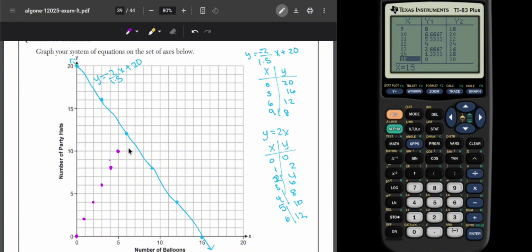I go to 6, 12. If I look at my equation, I could go to 7, 14. I can go to 8, 16. I can go to 9, 18. And I can go to 10, 20. Right here.